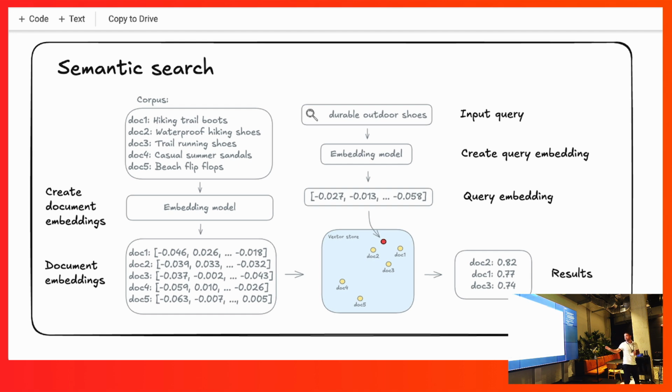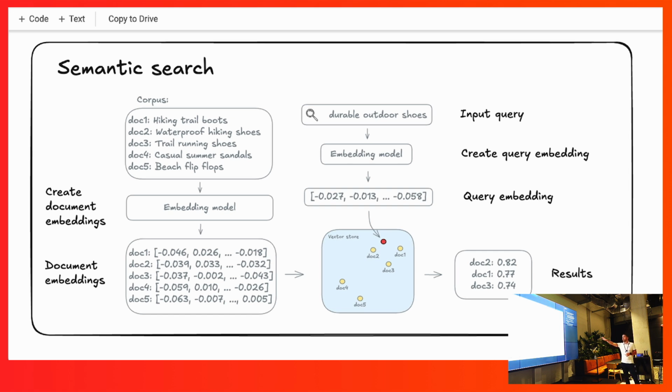On the other side, we have the input query, in this example, durable outdoor shoes, and we are creating embeddings for the query. We have to use the same embedding model that we used for creating the document embeddings, that we used for the corpus, to be able to match and calculate similarity between them.